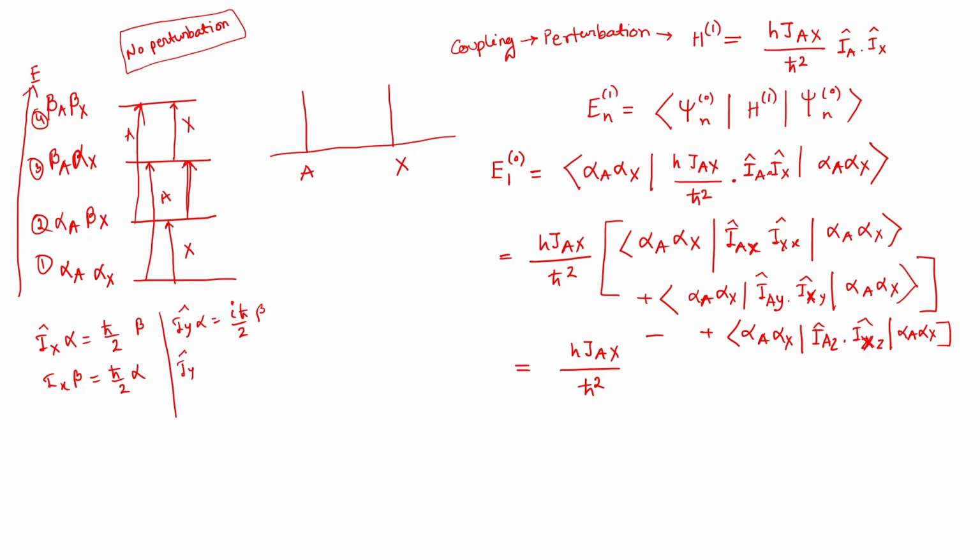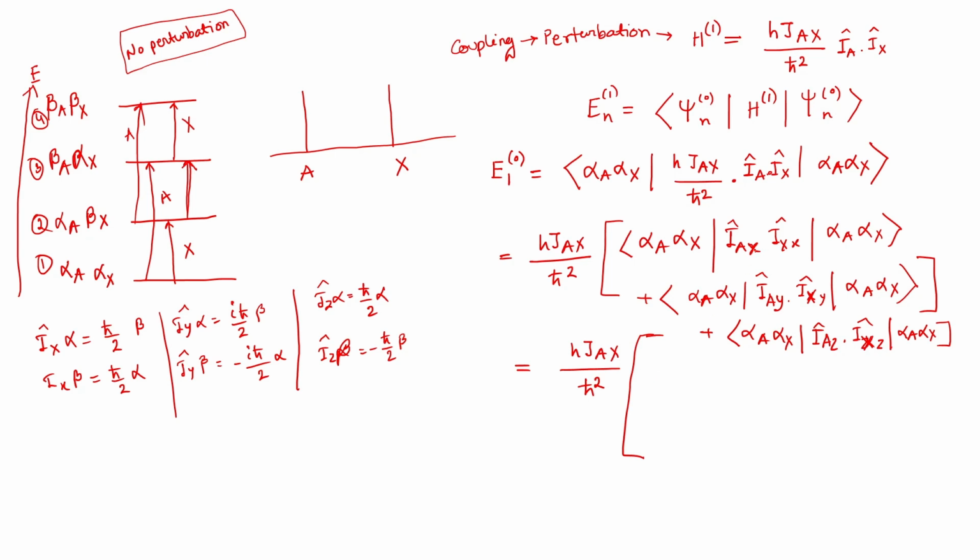And similarly I y on beta gives minus i h cut by 2 alpha. And similarly you already know this, I z on alpha gives h cross by 2 alpha, and I z on beta gives minus h cross by 2 beta. So these are the relationships we are going to use here.